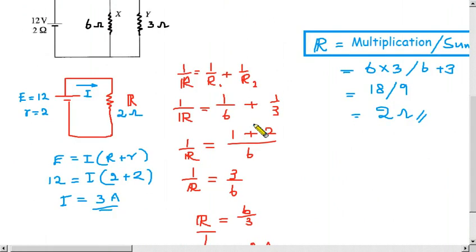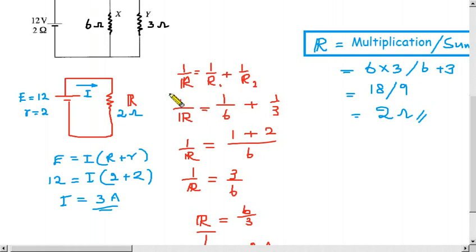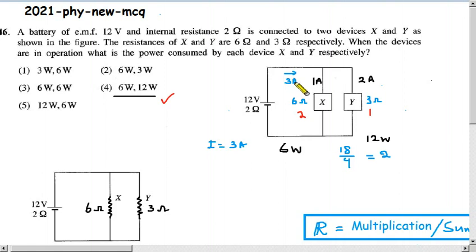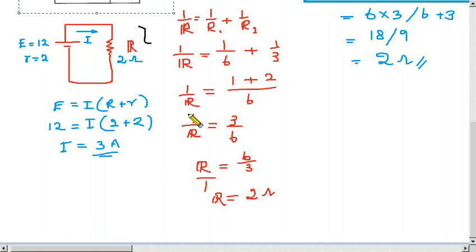So now we know the current. Then we have to find out the voltage here. If you are not using the ratio method, I used here the ratio method, it is easier.